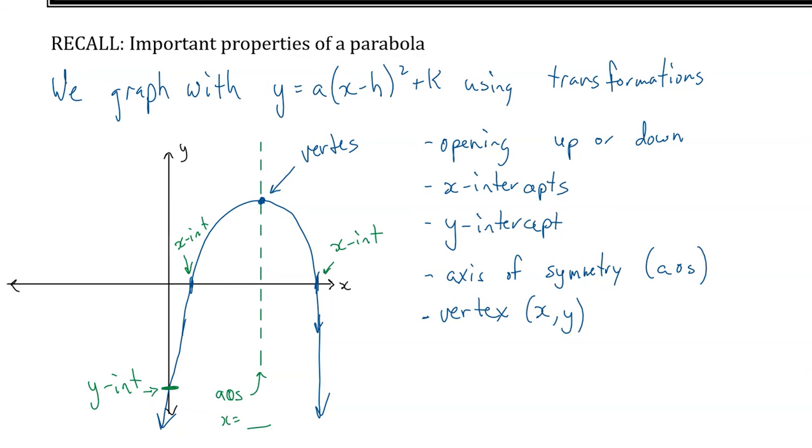The y value will be whatever it is for that particular one. For the x and y intercepts, the x-intercept will be when y is 0, and the y-intercept will be when x is 0.